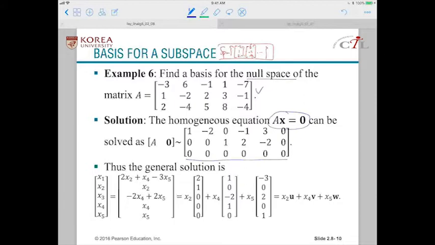And the basis of our null space is basically related to the parametric vector form that we studied in chapter 1. So in this case, our general solution or parametric vector form is obtained by representing the basic variables in terms of the free variables, right?